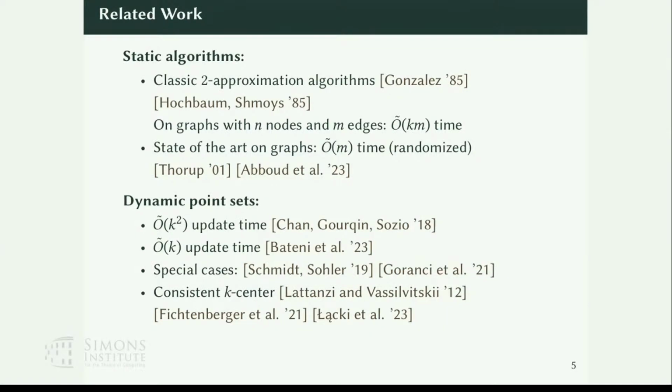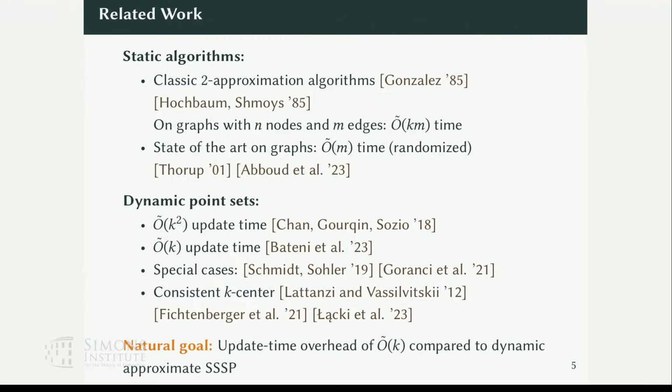And then there has been even more work on point sets, looking at special metrics, say bounded doubling dimension, or looking at a somewhat extended question of how to dynamically maintain a consistent k-center clustering, for whatever the exact definition of consistent is. Okay, so that's roughly where we are.